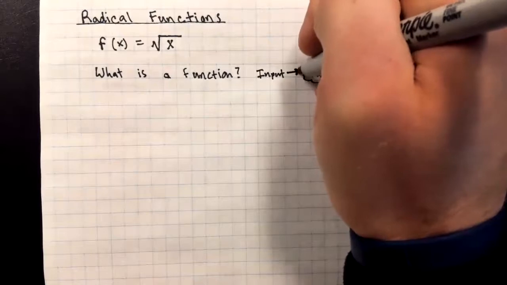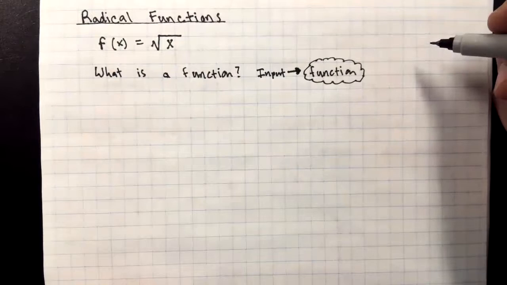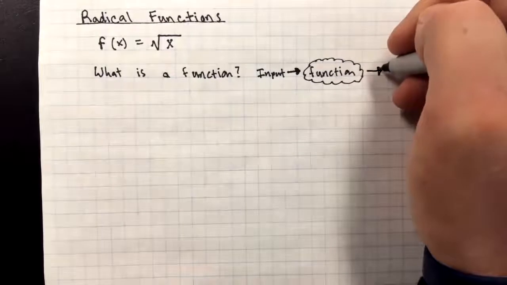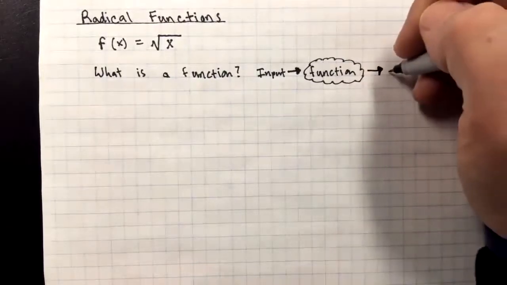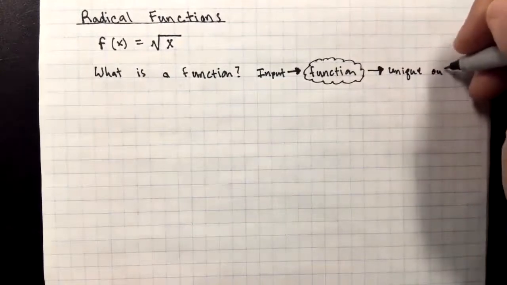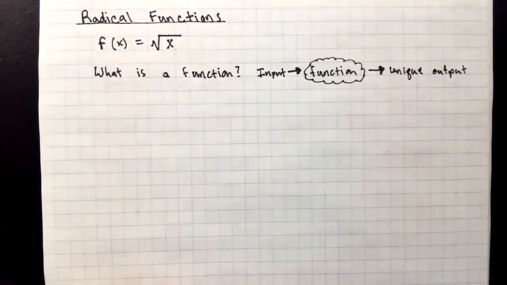You put something into the function, and then the function spits out a unique output. You throw something inside of the function and you determine if there is a unique output.